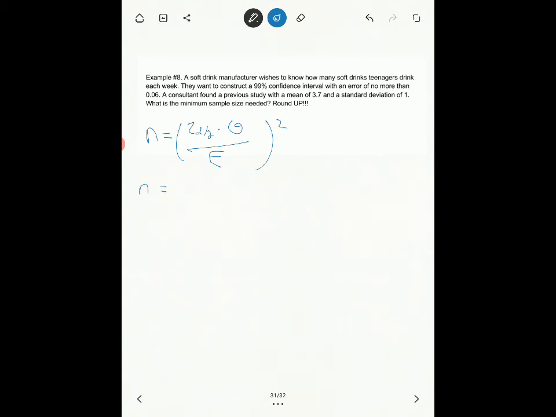So for the 99%, it's 2.33. It's 98. Nope, I'm on the wrong question. For the 99%, it's 2.575 times the 1 divided by our 0.06, and then squaring that.